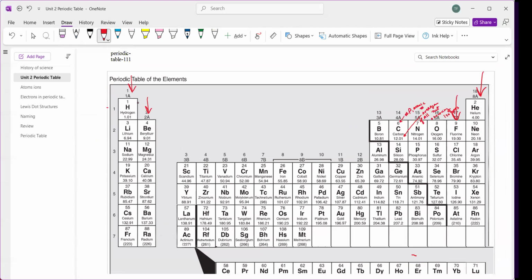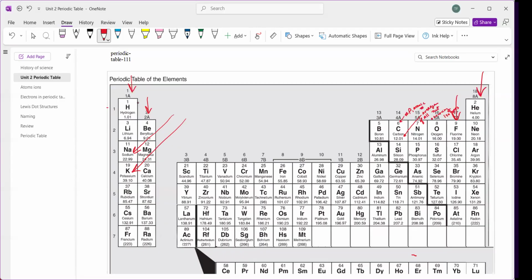And every column has certain chemical characteristics that are the same. So everything in that column is the same. For example, we have sodium and we have potassium. They have similar characteristics because they're in the same column or group.